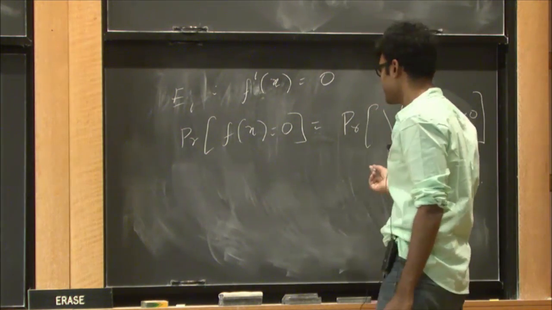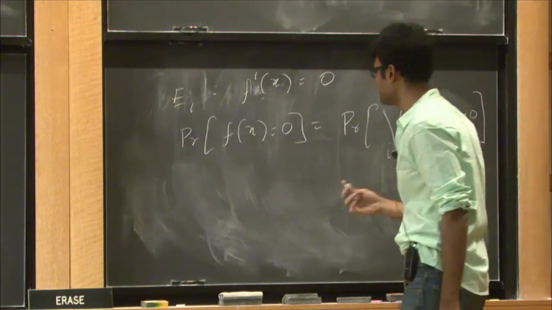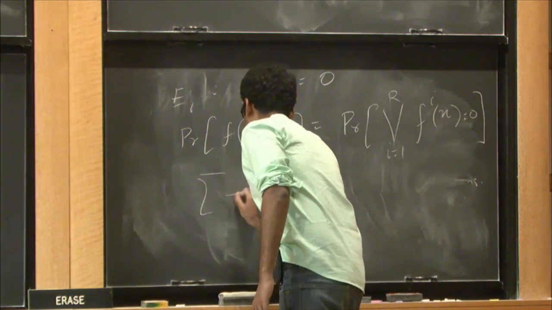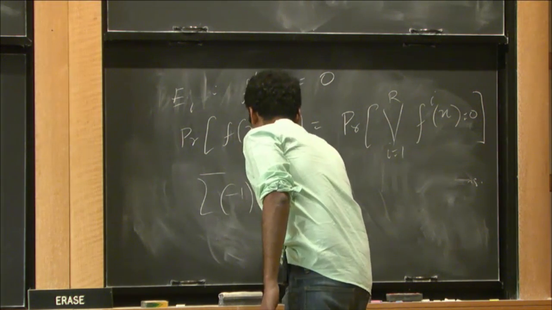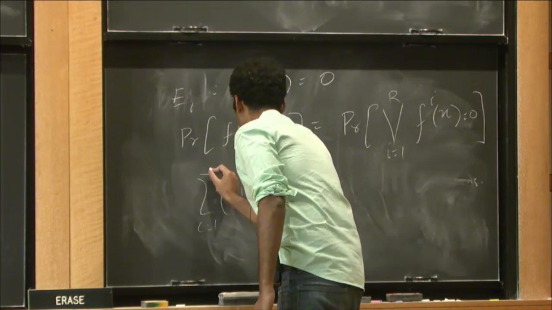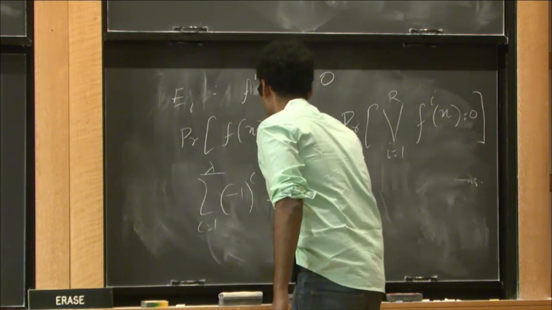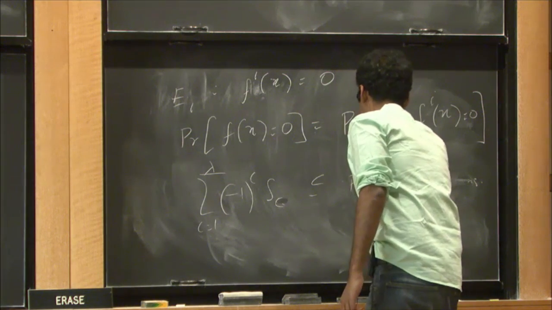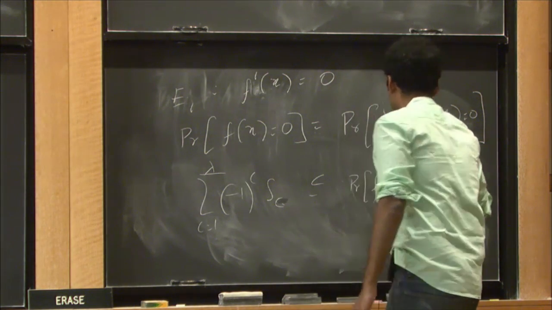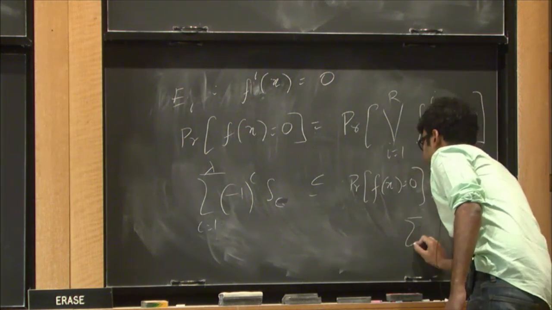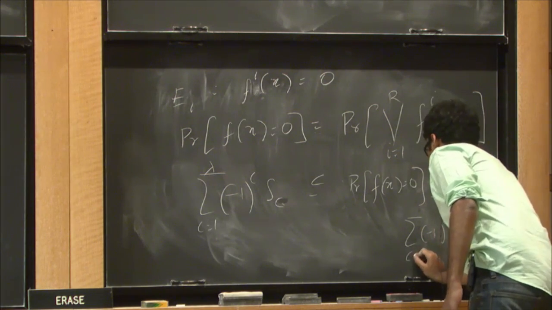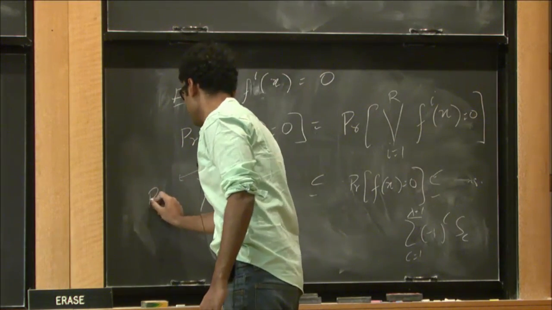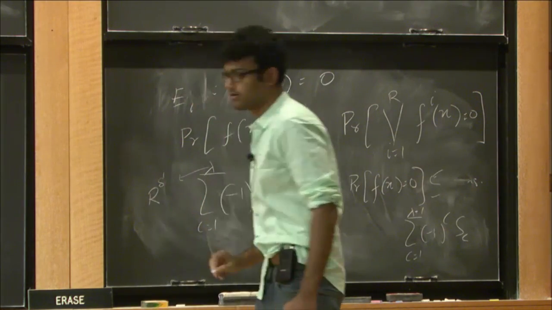Now using the mutual exclusion inclusion principle, in particular the Bonferroni inequalities, what we can say is that the probability that f of x is 0 is bounded by the same summation, and we think of lambda as r to the power of a small constant delta.